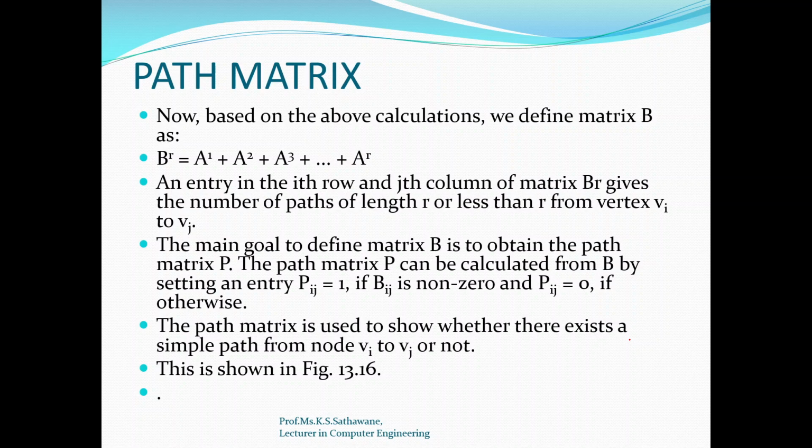The main goal of defining matrix B is to obtain the path matrix P. The path matrix P can be calculated from B by setting an entry P of ij equal to 1 if B of ij is non-zero, and P of ij is 0 otherwise. The path matrix is used to show whether there exists a path from node Vi to Vj.